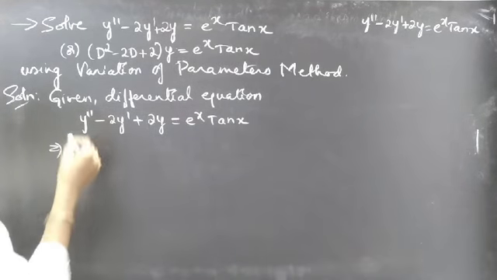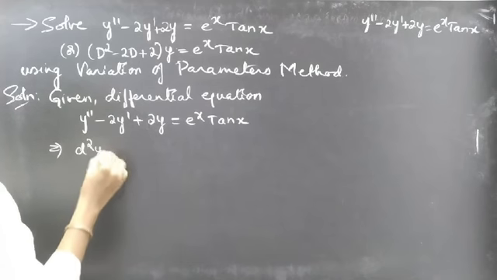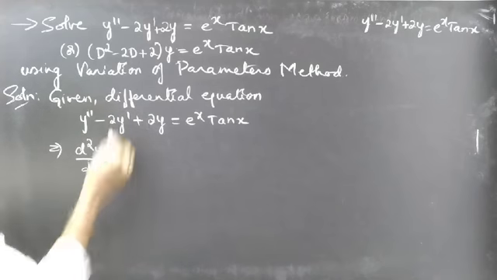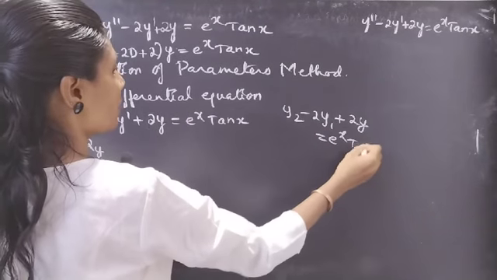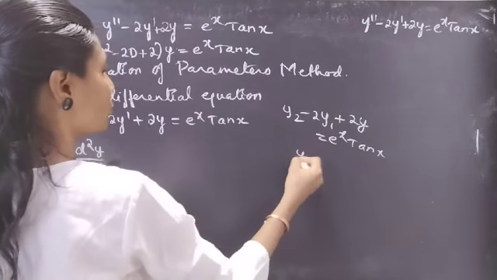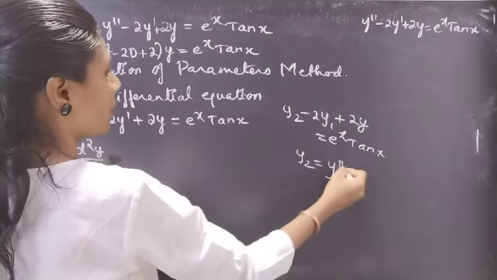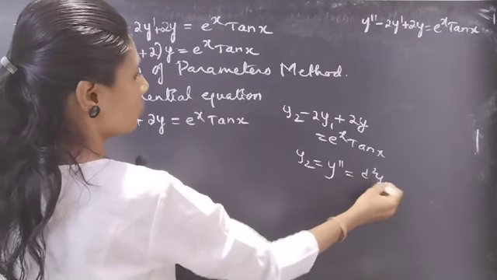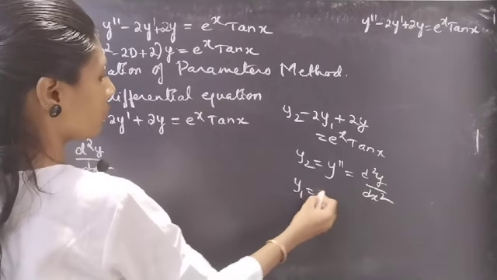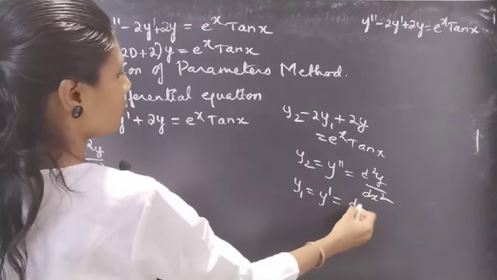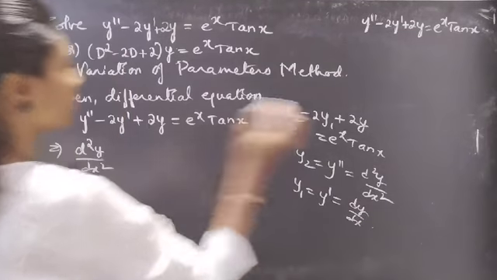We can write y double dash as d square y by dx square, or we can write the same equation as y2 minus 2y1 plus 2y equal to e power x tan x. Here y double dash is nothing but the double derivative of y with respect to x, and y dash is nothing but dy by dx.